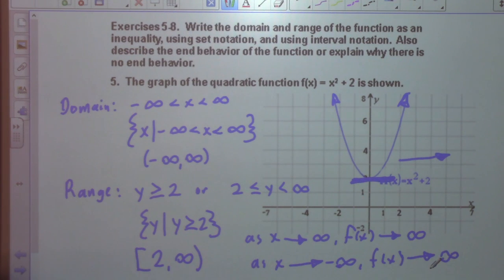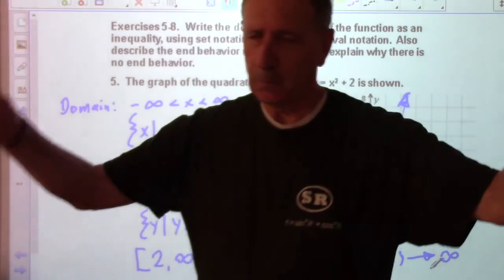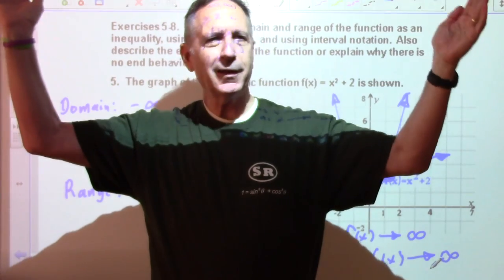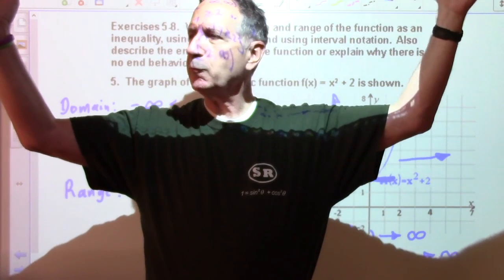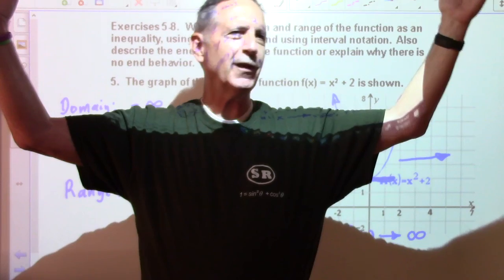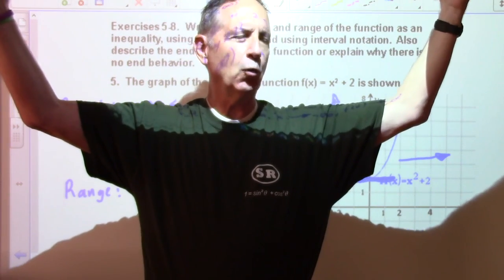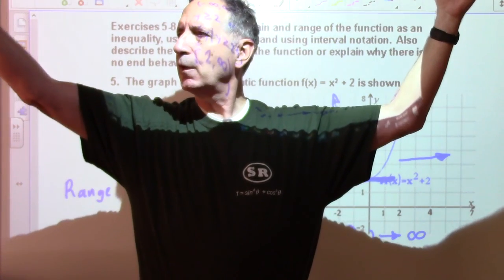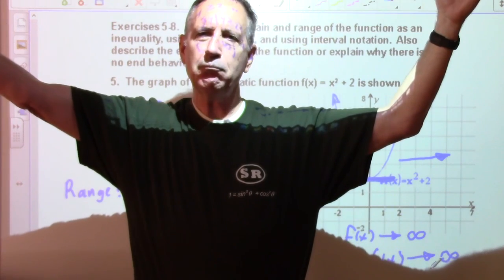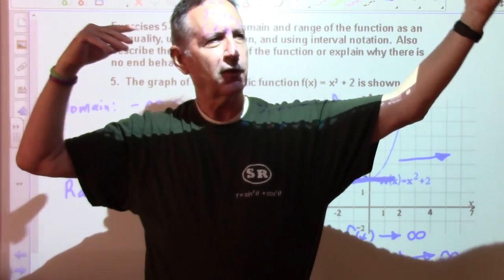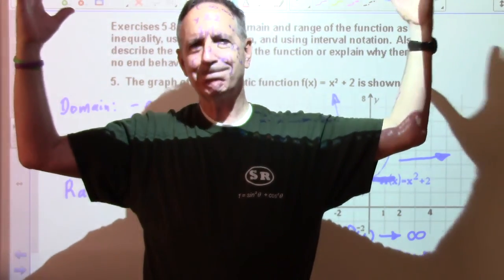Yes, both arrows. This is one of these where we're starting high and ending high. So end behavior is infinity either direction we go. As x approaches negative infinity, infinity. As x approaches positive infinity, infinity.